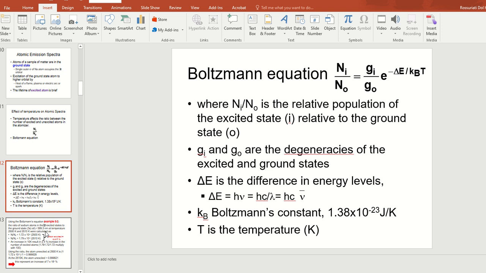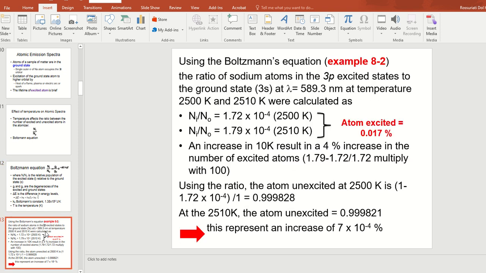When you go through the Boltzmann equation, we find that the population of atoms is mostly present in the ground state, about 99.98%, while the remaining will be in the excited state.